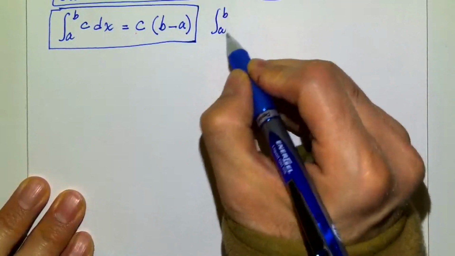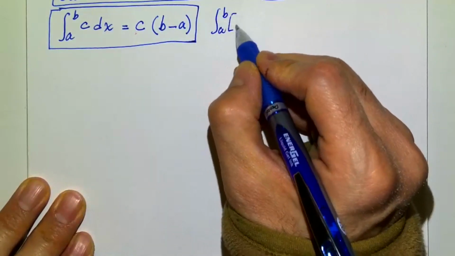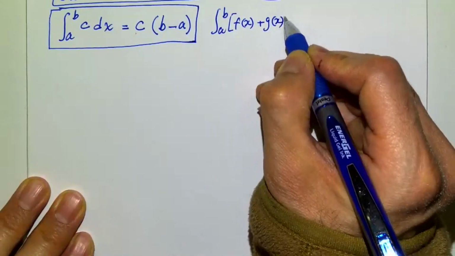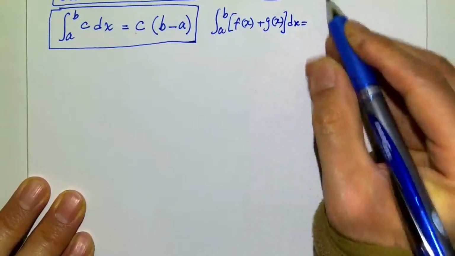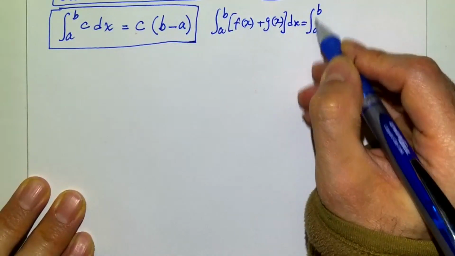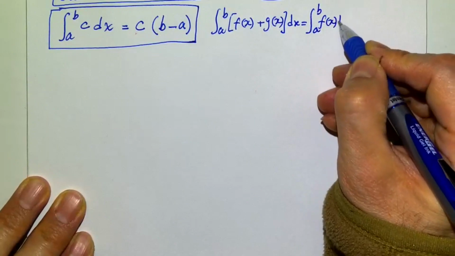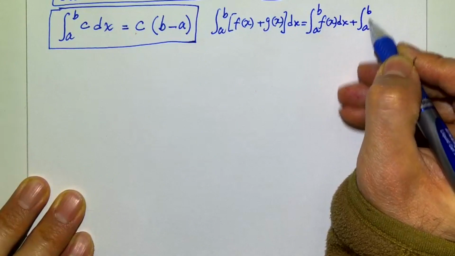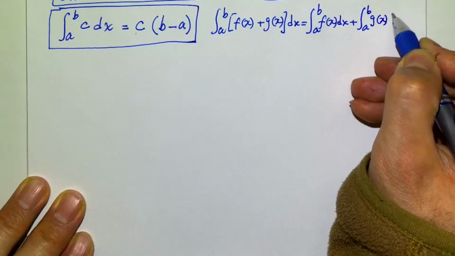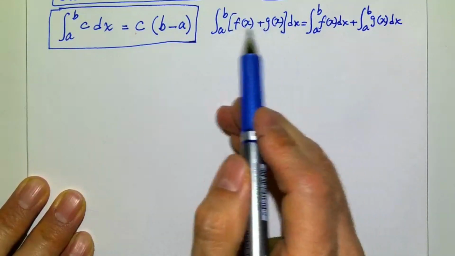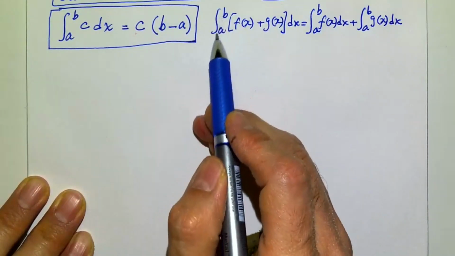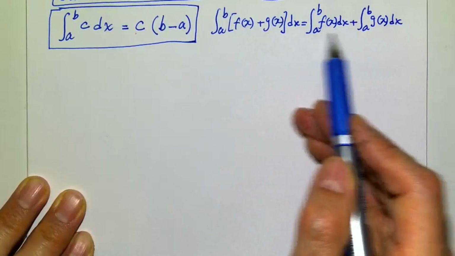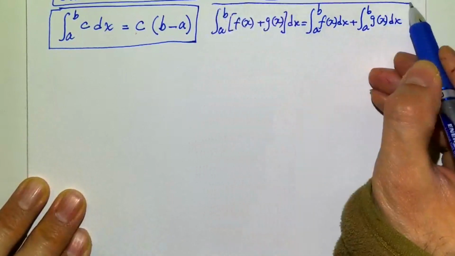So the definite integral from a to b of f of x plus g of x dx is equal to the integral from a to b of f of x dx plus the integral from a to b of g of x dx. So in other words, you can apply this definite integral to each one separately, as you can see on the right hand side. So this would be another property.